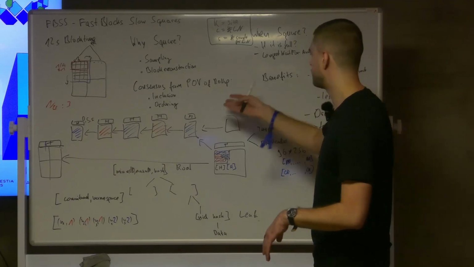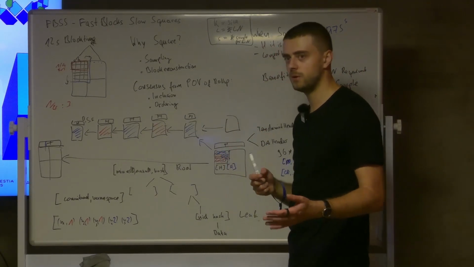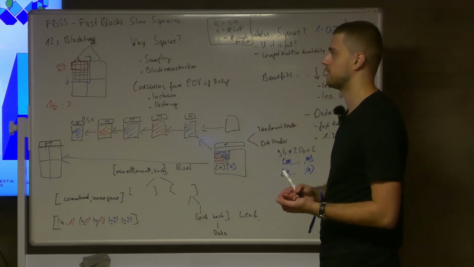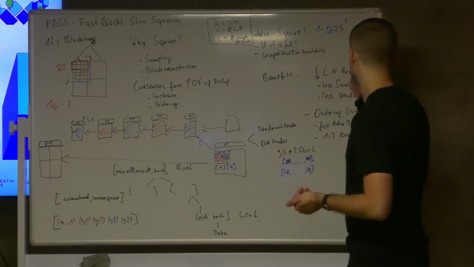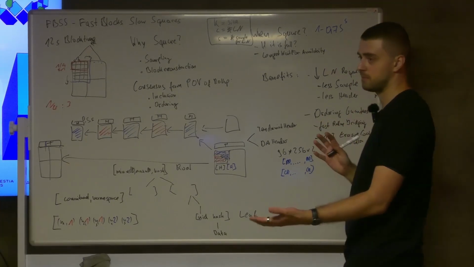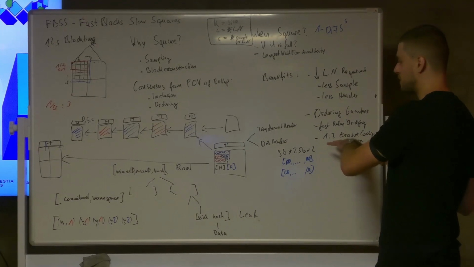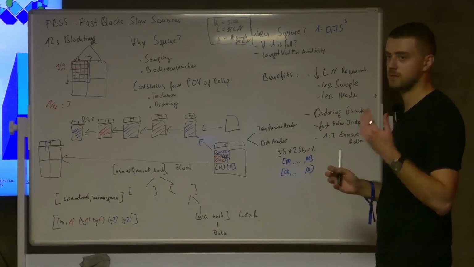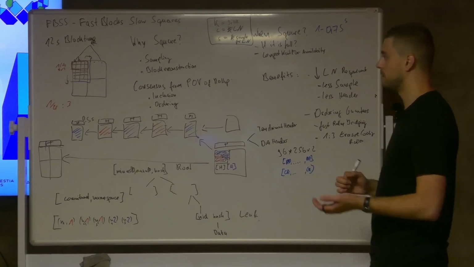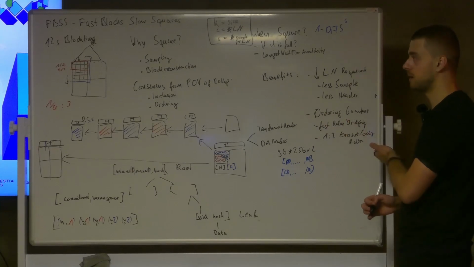But we want to have the inclusion and ordering guarantees as fast as possible for cross-rollup interaction. So you would have fewer samples and fewer headers for the same amount of data with a much better erasure coding ratio, so less full node requirements, but rollups on top would have fast cross-rollup bridging guarantees.